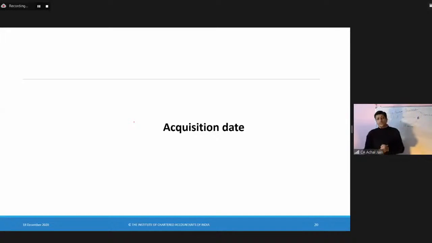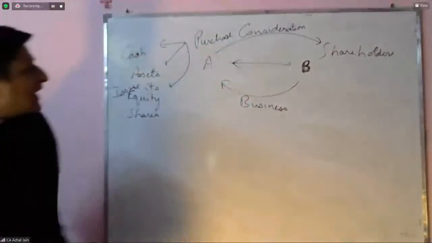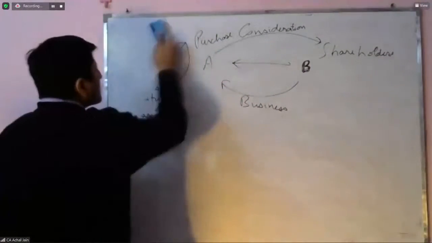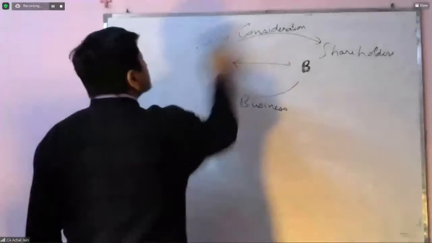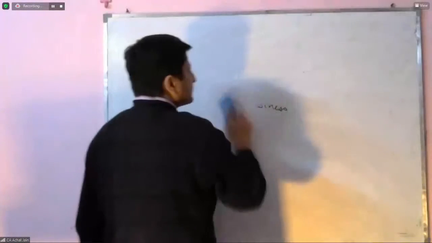And there are reasons for this. Let's understand. For this, we need to look at a few points first of all. So once again, I'll take you to the board and we'll understand what could be the complexity in deciding about the date of acquisition.